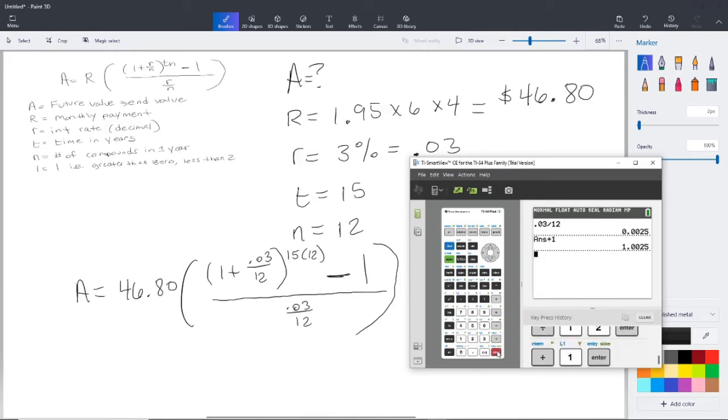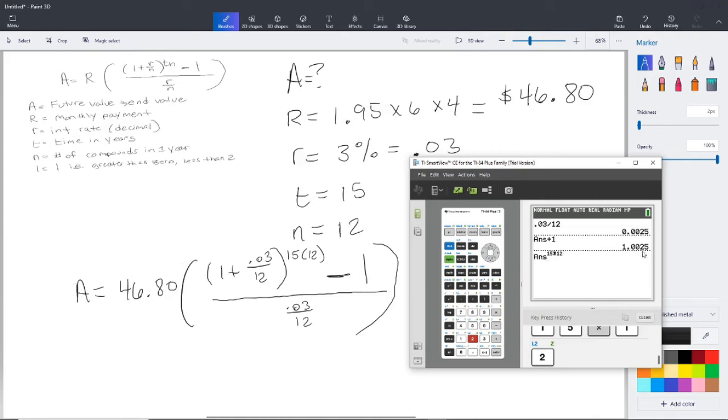Always entering on this one. All right, so now we have this inner parenthesis here. We have the amount, but now we need to take this amount to the power thereof. So on our calculator, there's a great button right below the clear, the little caret button. We're going to hit that, and it's going to say, what power do you want? I'm going to say 15 times 12. And you'll notice how my 15 times 12 stayed in the exponent of this answer.